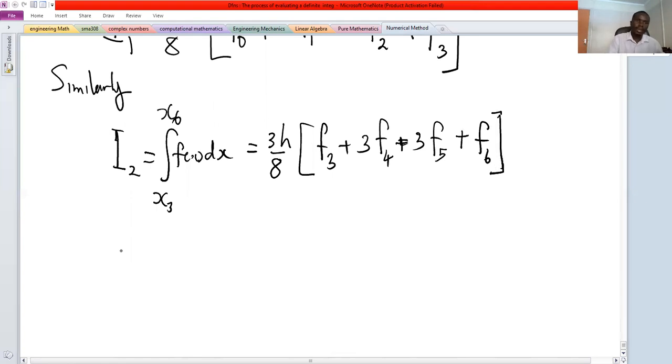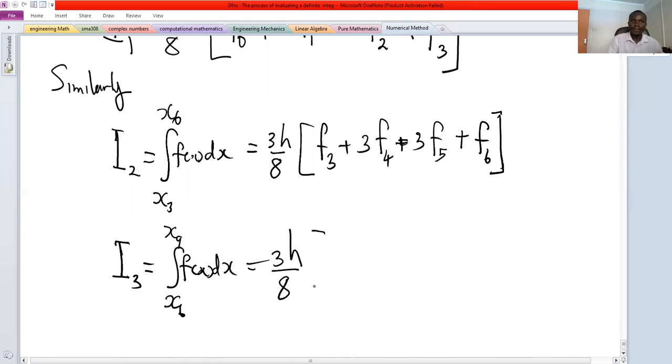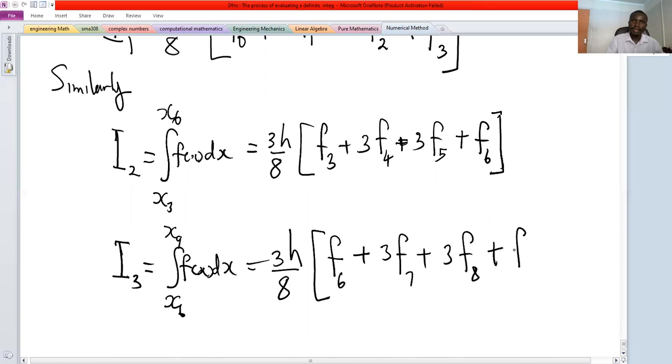You can also define I3 as the integral from x6 to x9 of f of x dx, which will be 3h over 8 into f6 plus 3f7 plus 3f8 plus f9.